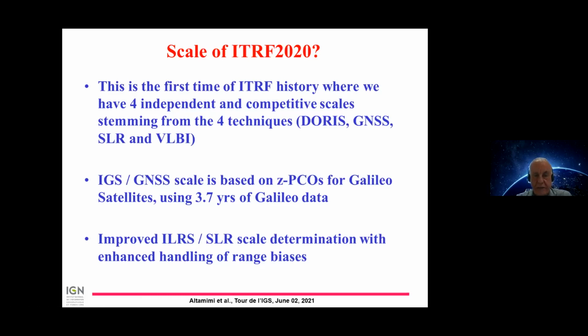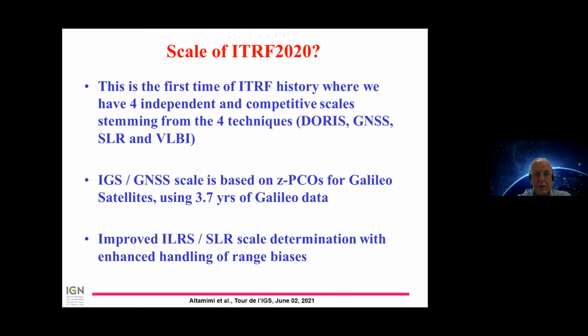Now, this is the first time in ITRF history where we will have 4 independent and competitive scales stemming from the 4 techniques: DORIS, GNSS, SLR, and VLBI. Paul, Obichung and Susan will come back to that, why we now have from the IGS an independent ITRF scale, which is based on Galileo data.